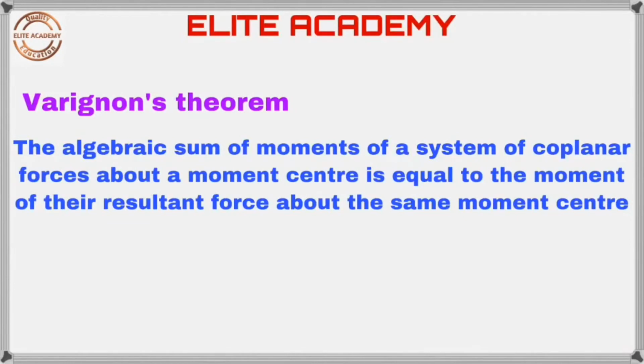Varignon's theorem. The algebraic sum of moments of a system of coplanar forces about a moment center is equal to the moment of their resultant force about the same moment center.